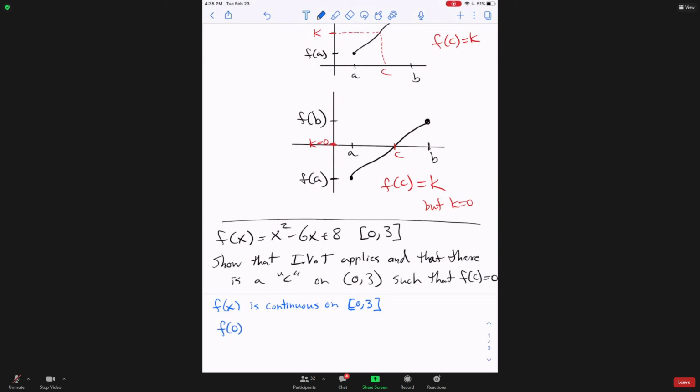So f of 0 is equal to 0 squared minus 6 times 0 plus 8, which would be 8. By the way, in this problem, your k is 0 the way the problem is written. It's not always 0. In this case, it is. f of 3 is 3 squared minus 6 times 3 plus 8. So you got 9 minus 18, which is negative 9, plus 8 is negative 1.